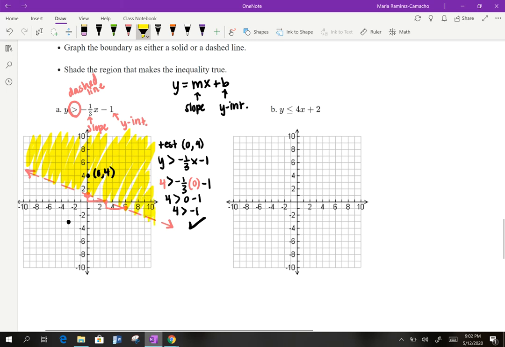Let's double check that a point below does not work. Let's test (0, negative 3). So here's my original inequality.